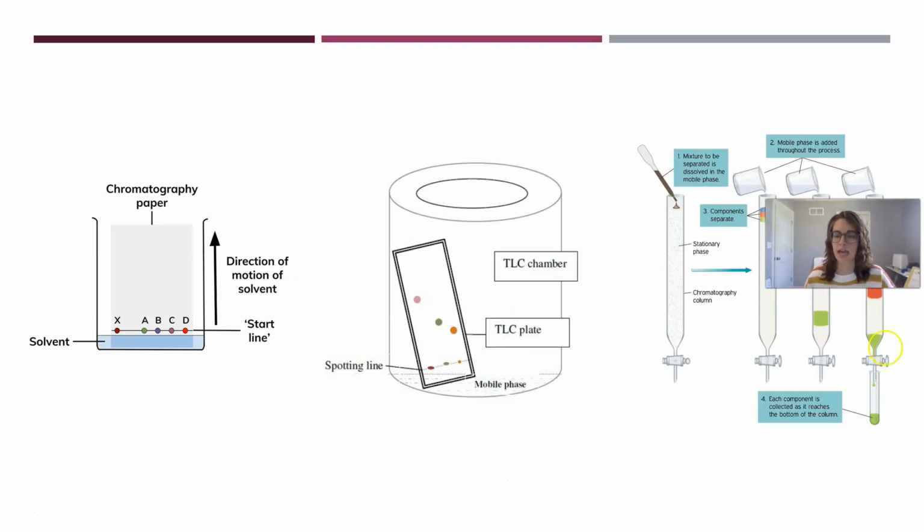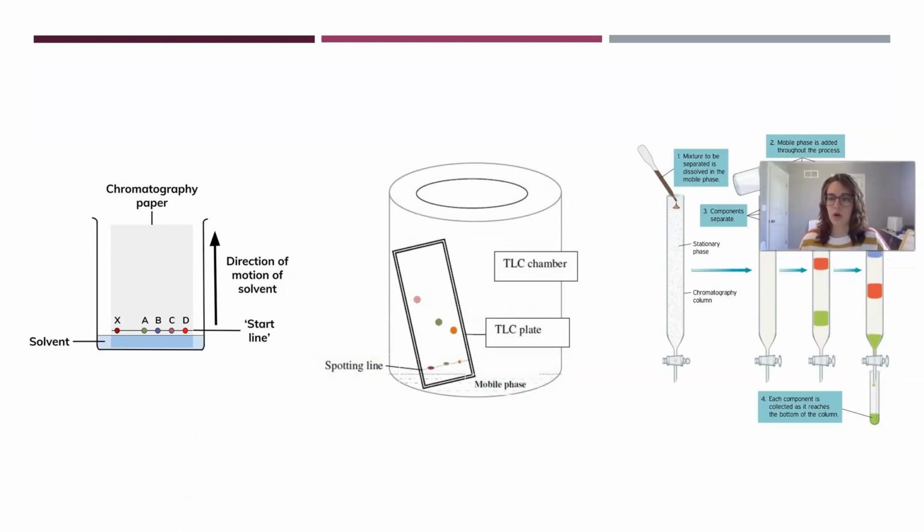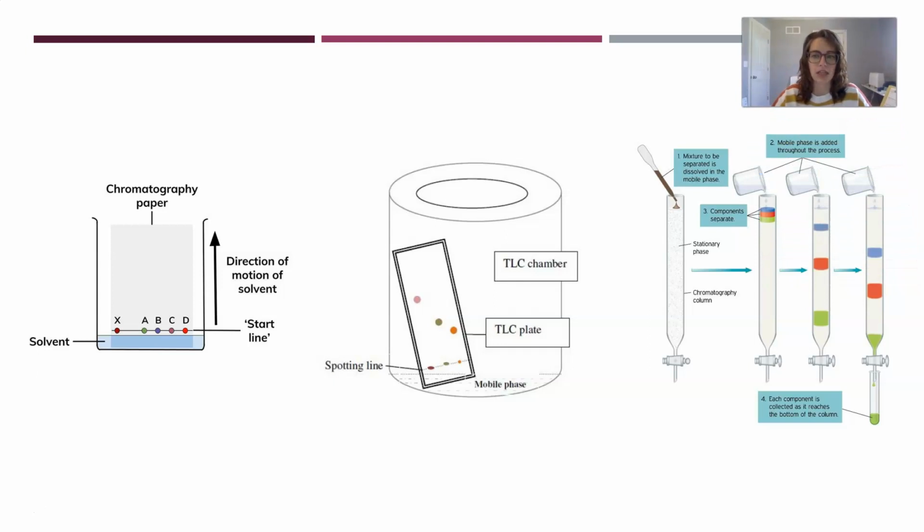These are some diagrams of what the setup looks like for our different types of chromatography. With paper chromatography, we have a piece of paper and you mark the start line. Your stationary phase is the paper, and your mobile phase is whatever solvent you're using. You watch the solvent move up the paper, and it carries with it different components of your mixtures.